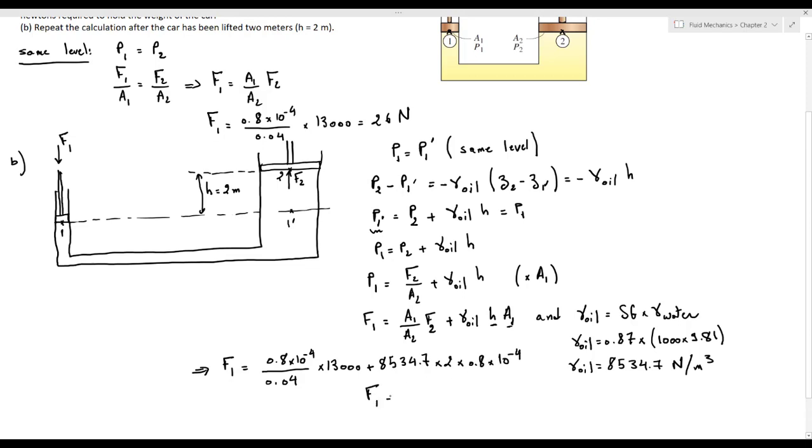So F1 will be equal to 27.4 Newton. So after the car has been raised 2 meters, the required force to hold it in this position will be equal to 27.4 Newton. And as you can see, it is larger than the force required in part 1.